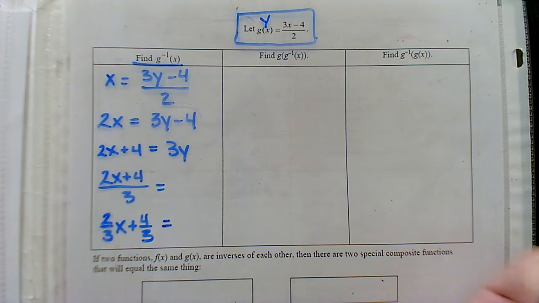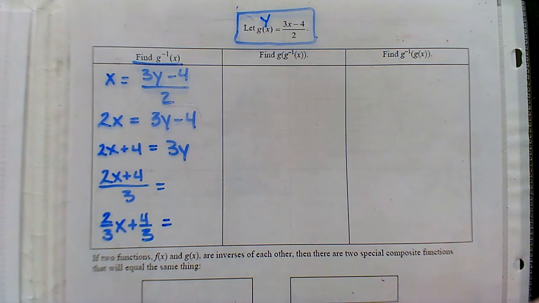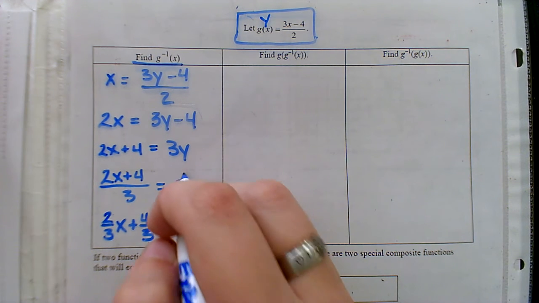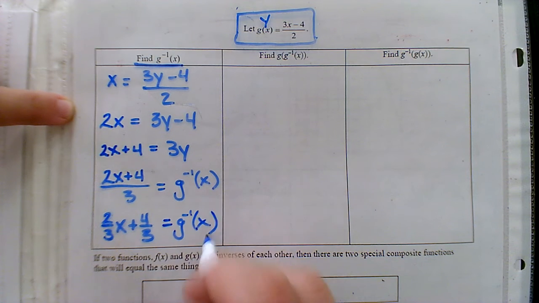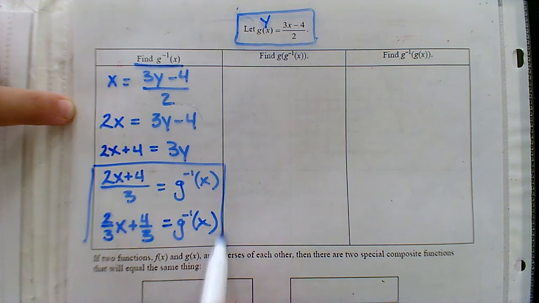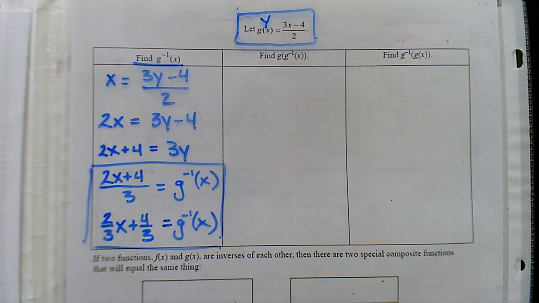So if this is what we get after we switch the variables, this is what's representing our inverse. We're going to label it appropriately. Either one of these representations would be fine. One concept of an inverse is simply switching the variables.